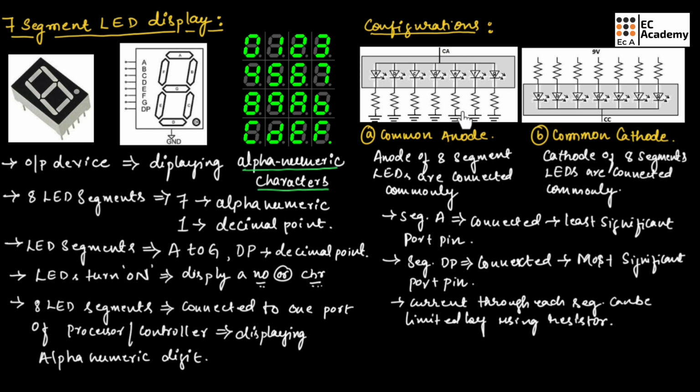In common anode configuration, for LED segments to turn on, the port pin to which the cathode is connected should be logic 0. These 7-segment LED displays are popular for low cost applications like monitoring devices.